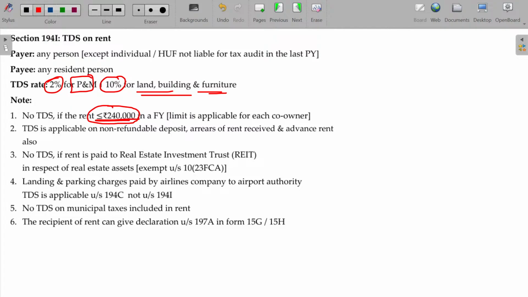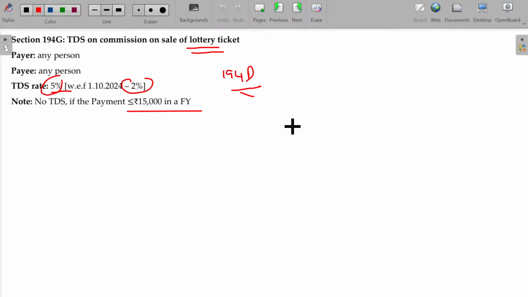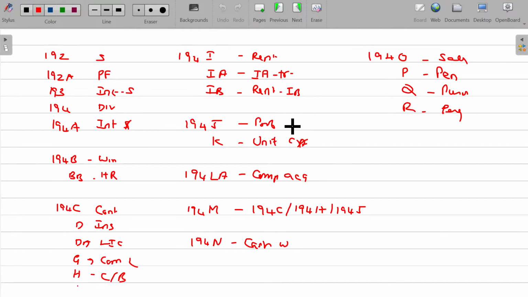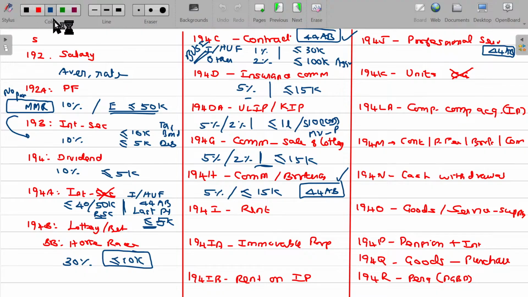Now, the 2,40,000 limit is applicable for every co-owner. If the property is owned by two persons, rent payment may be 40,000 rupees, 20,000 for one owner, another 20,000 for another owner. Okay. Plant and machinery 2%. For land and building and furniture, 10% will be applicable. Okay. I pay rent. 2% for plant and machinery, 10% for land and building and furniture.